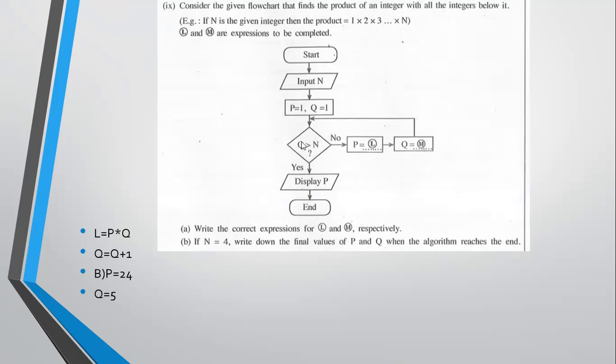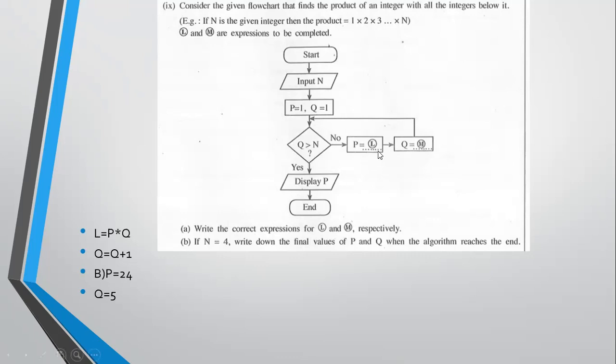If Q is greater than n, we need to display P, the product. If not, we have to do the multiplication. So L becomes P multiplied by Q. P multiplied by Q is L.